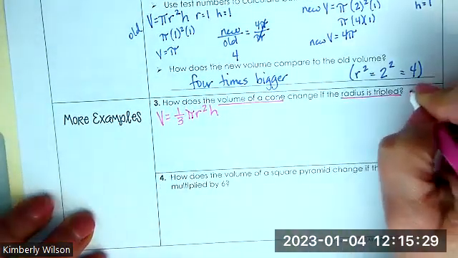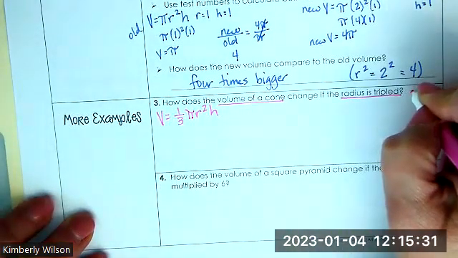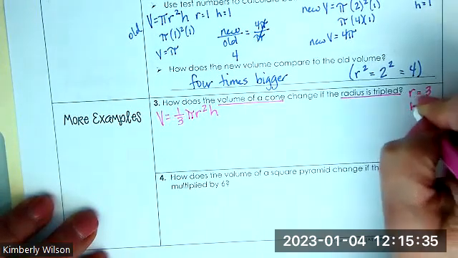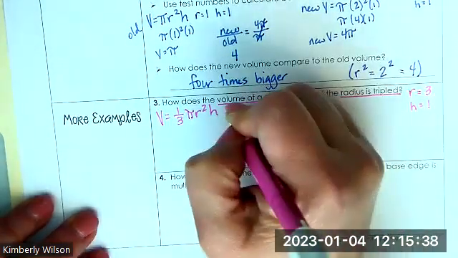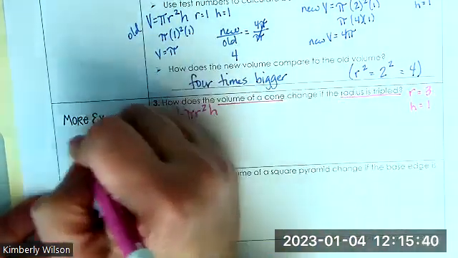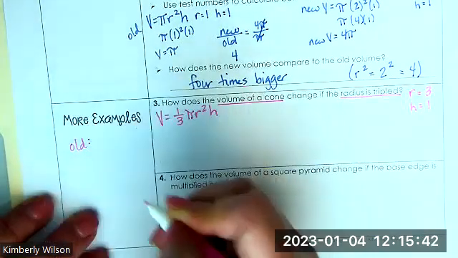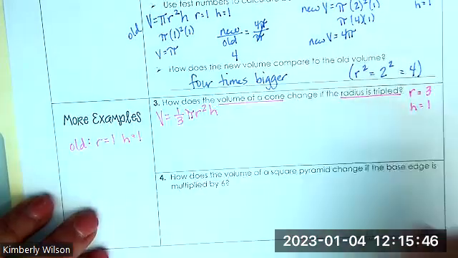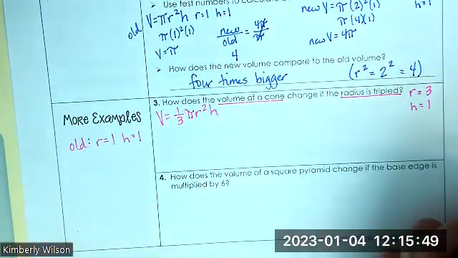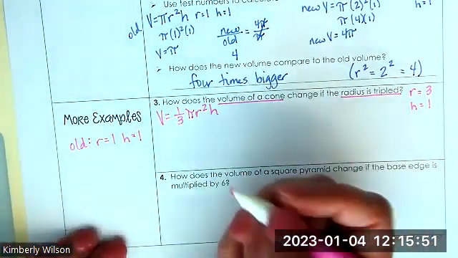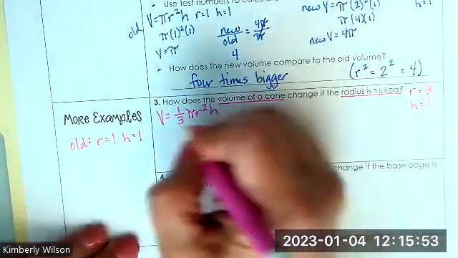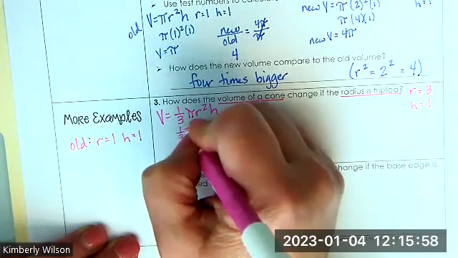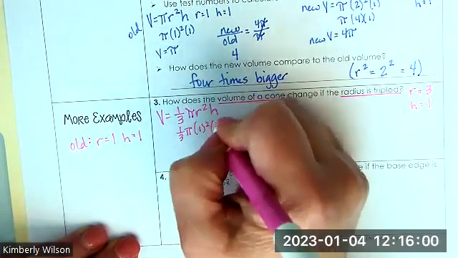So we're saying that the radius is going to become 3. The height we're going to keep as 1. And in our old one, the old is always going to have a radius of 1, a height of 1. Make it simple. So that's all going to become 1s. So it's 1/3 pi times 1 squared times 1.